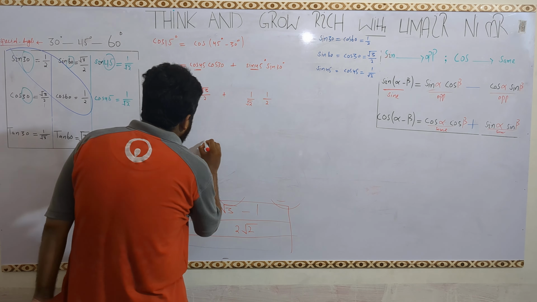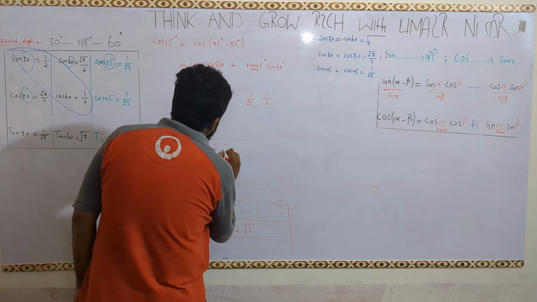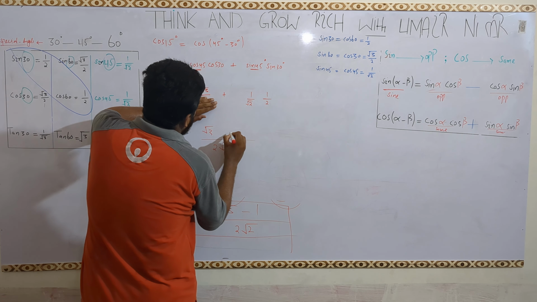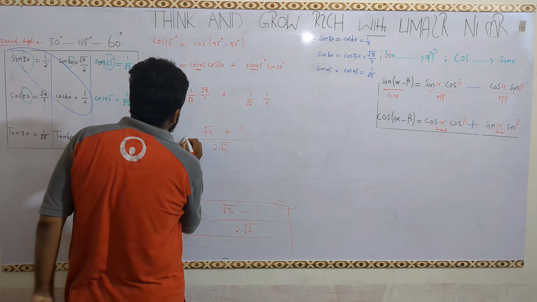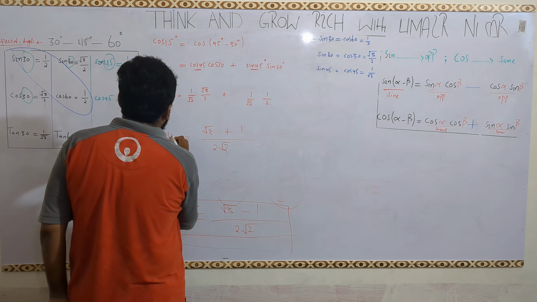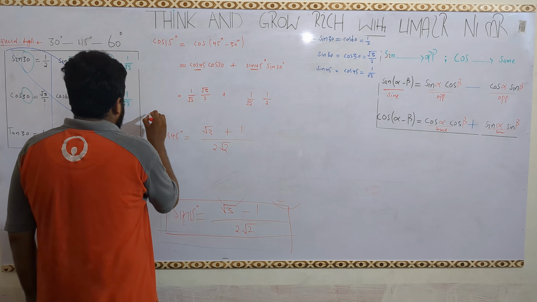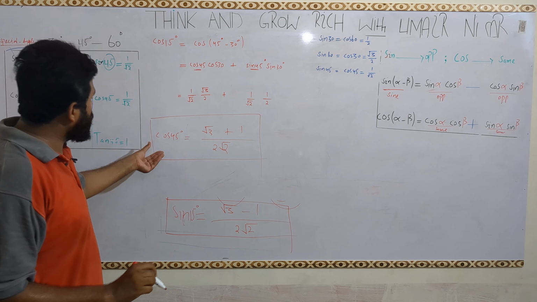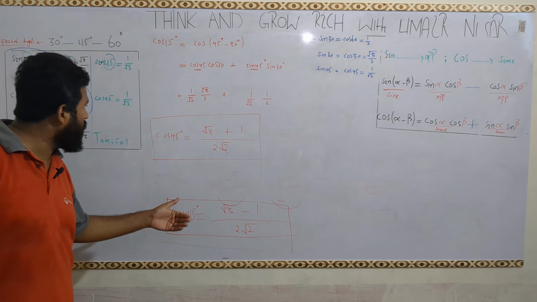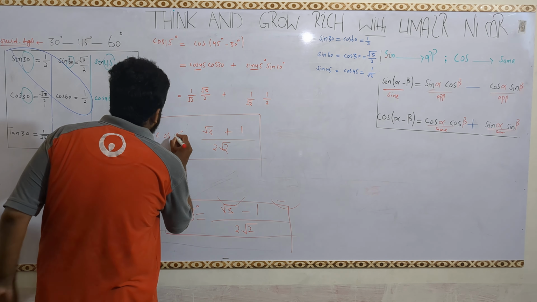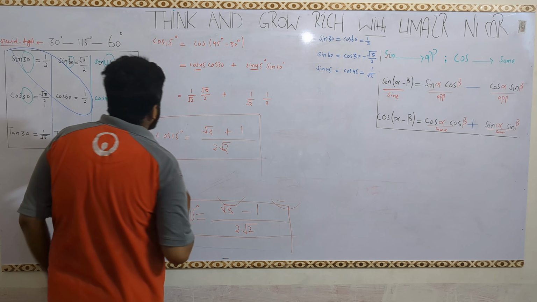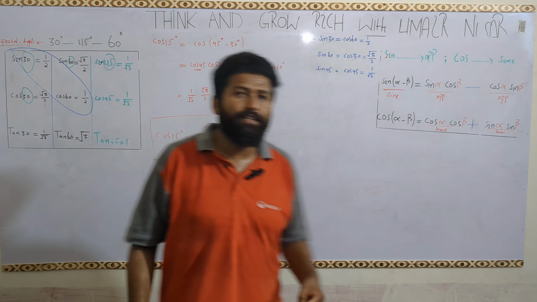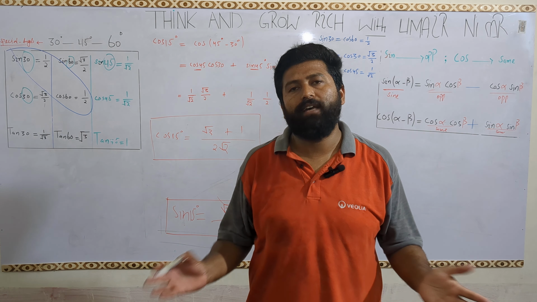Solving the problem, we have 2 under root 2 in the denominator. So under root 3 plus 1 over 2 under root 2 is the value of cos 15. We have calculated two values, cos 15 and sin 15.